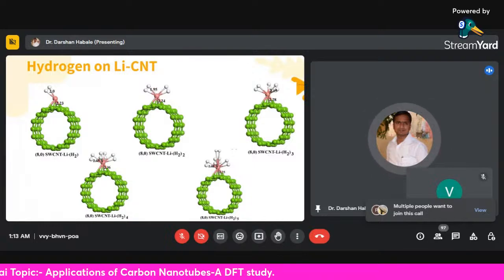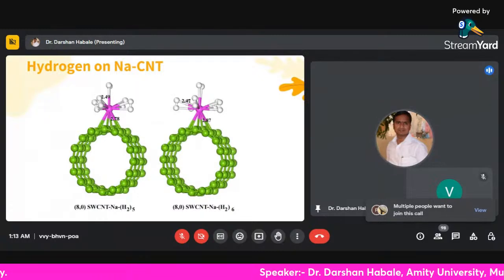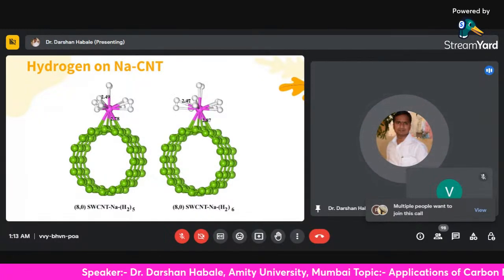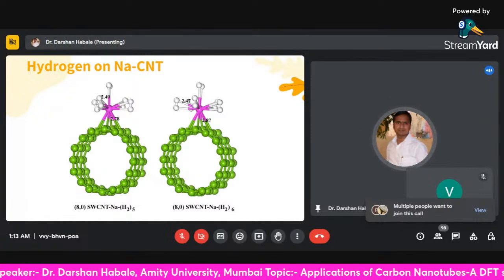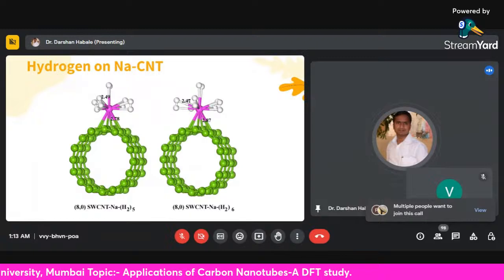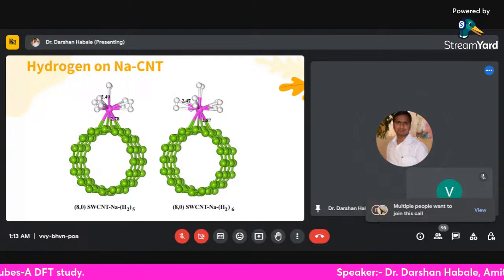An interesting thing is that sodium attached 80 SWCNT adsorbed 6 hydrogen molecules. So the adsorption capacity for hydrogen on this CNT has increased from 3 to 6.